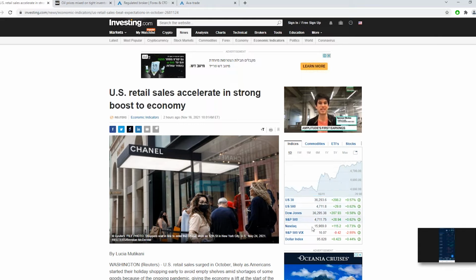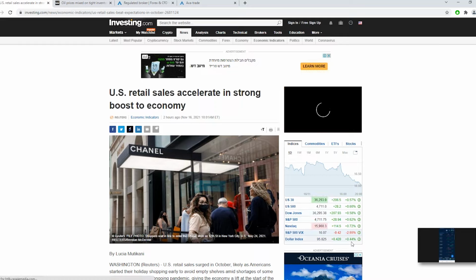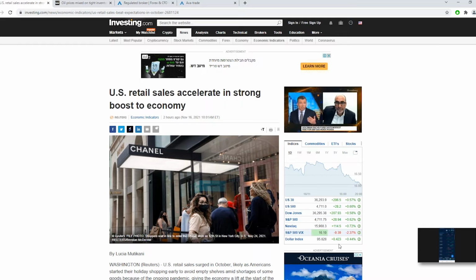We see that here in this snapshot down here, showing the U.S. indices all in the green. And also we see the volatility index is down, so fear or volatility is down. Markets are all green, and the US dollar is strengthening, okay? And that's a sign of positive momentum on the markets when the US dollar strengthens and still the markets can rise against the US dollar.